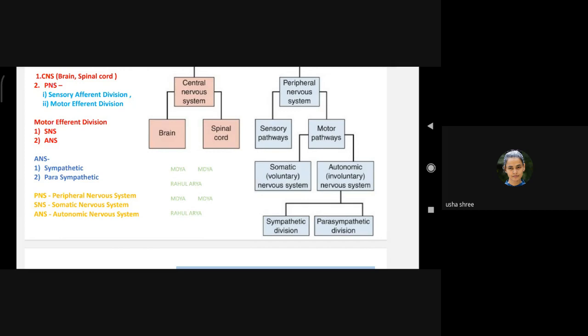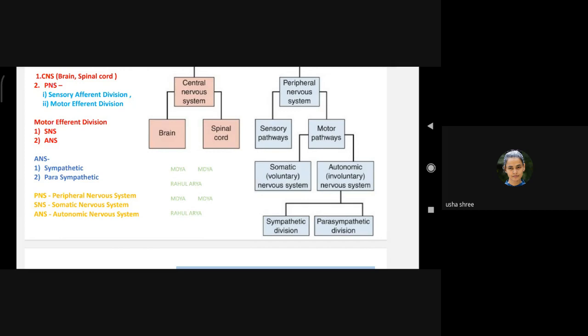And it is just opposite in case of parasympathetic nervous system. In parasympathetic nervous system, the heart rate, respiratory rate, blood pressure, all these things will slow down, and our digestive system will work properly.